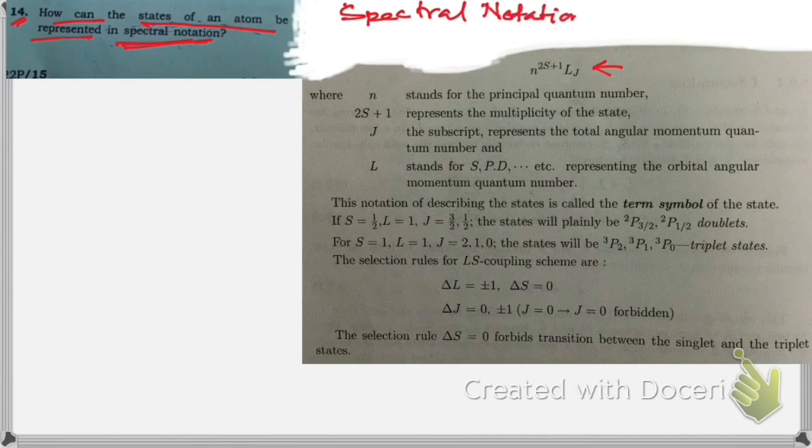So now this is question number 14. How can the states of an atom be represented in spectral notation? So this is how we can represent the spectral notation of atomic states, or states of an atom, right?